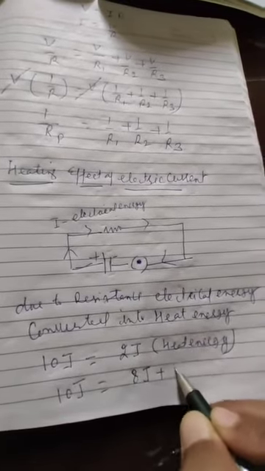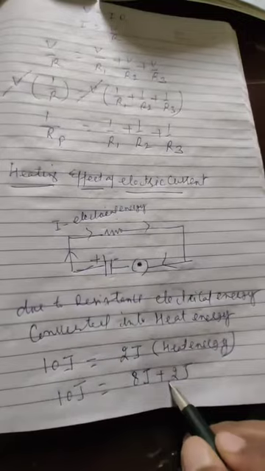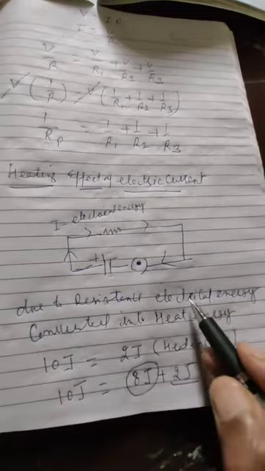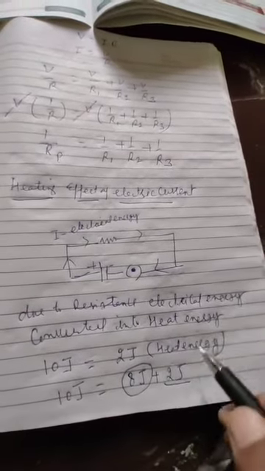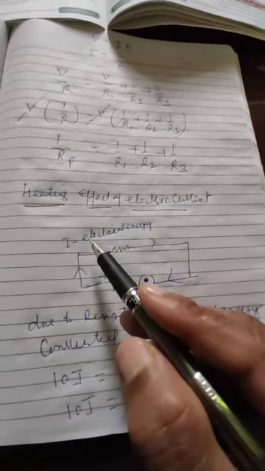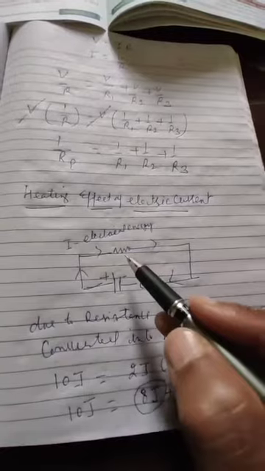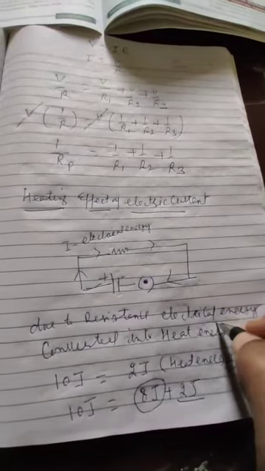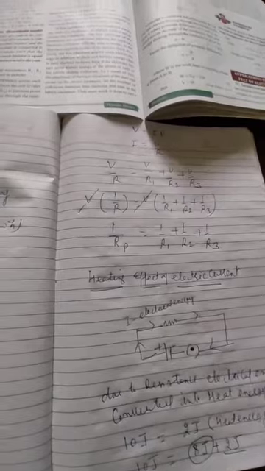It means that when the current flows through the circuit, it carries electrical energy. Due to resistance, some of the electrical energy changes into heat energy. Clear? So when the current flows through the circuit, electrical energy changes into heat energy.